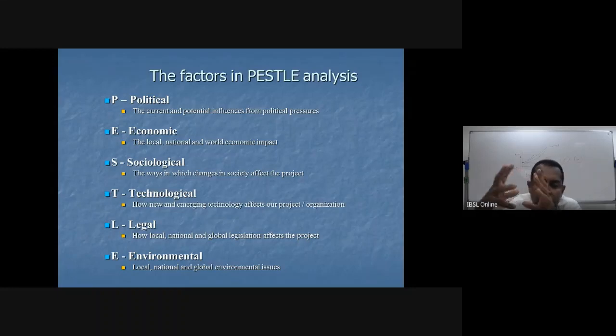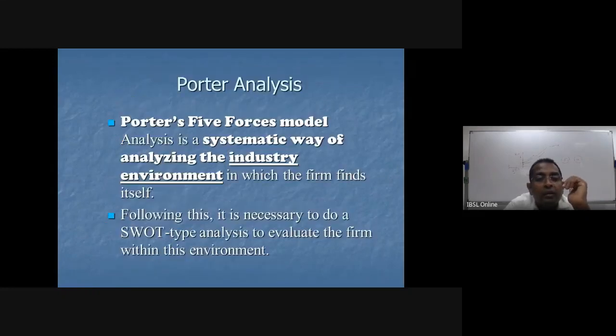Technological, new technology improvements, legal frameworks, and the environment. Global environment. Right? So those things. Porter's Five Forces and so on.